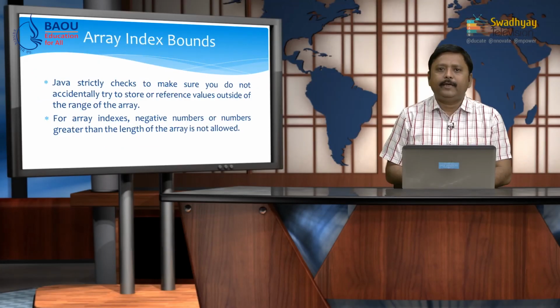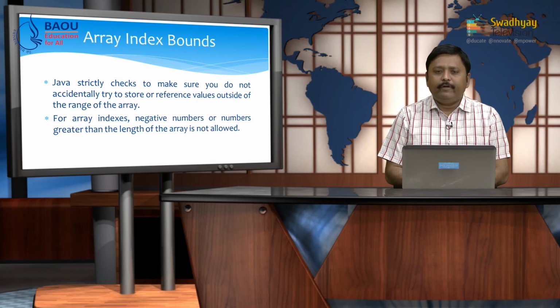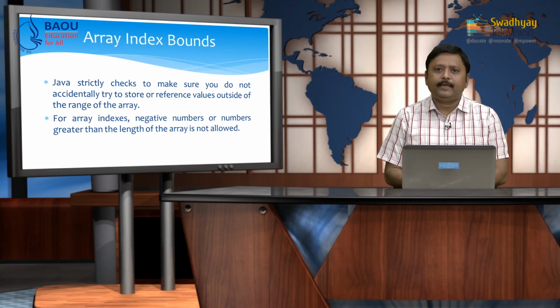Now, next we discuss array index bound. In C and C++, we use static arrays and there is no check on array bounds. Suppose you are trying to access an array element out of its bound, that is range, then it may not generate an error, but it may crash your program. But Java provides the facility to strictly check that you always refer to an array index inside its range or boundary.